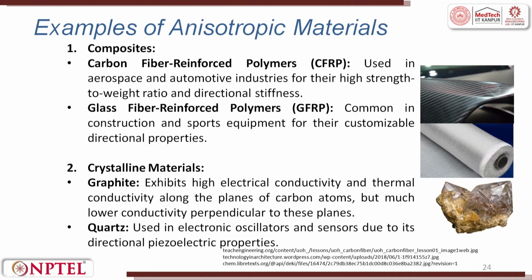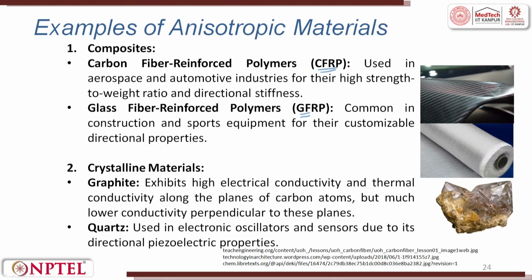The examples of composites are CFRP, carbon fiber reinforced plastics, and glass fiber reinforced plastics. If you make a cross section, the fiber will have a different property and the matrix will have a different property. When you keep laying them layer by layer, and you cut a cross section, you will have different properties.